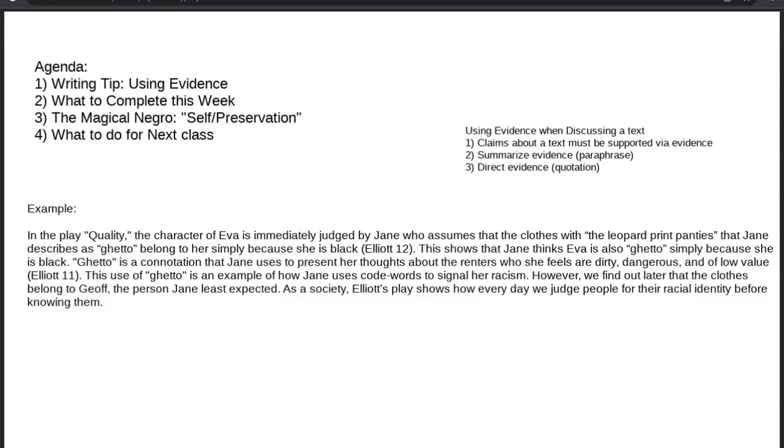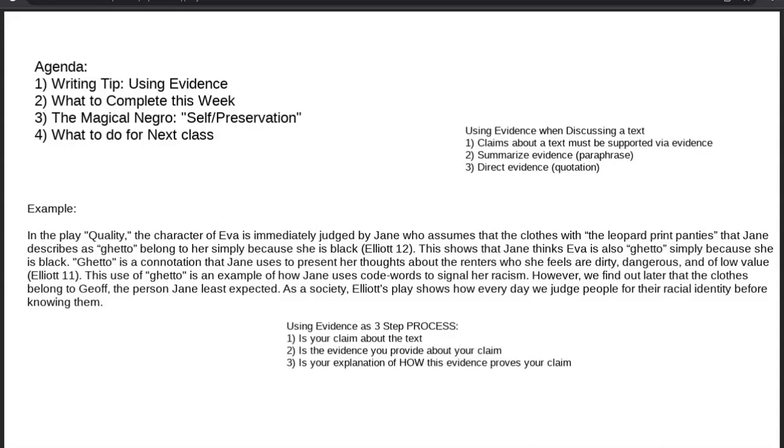So every time that you are using evidence to answer a question, or you're using evidence in a paper, always think that I'm essentially always asking you to do this three-step process.